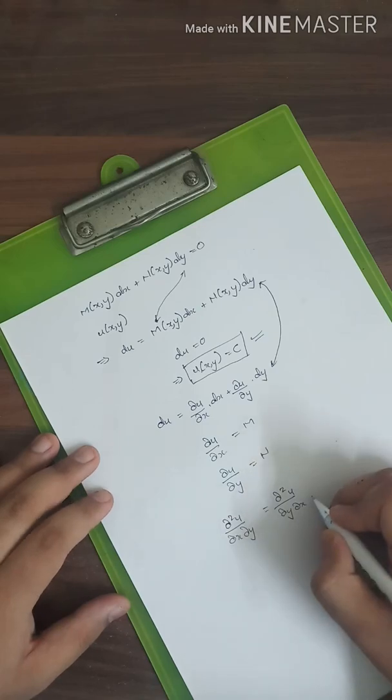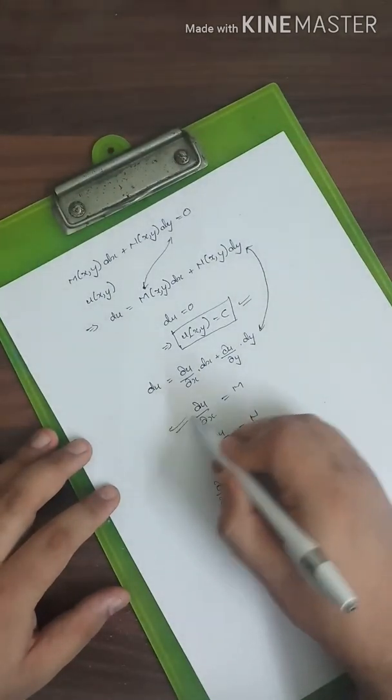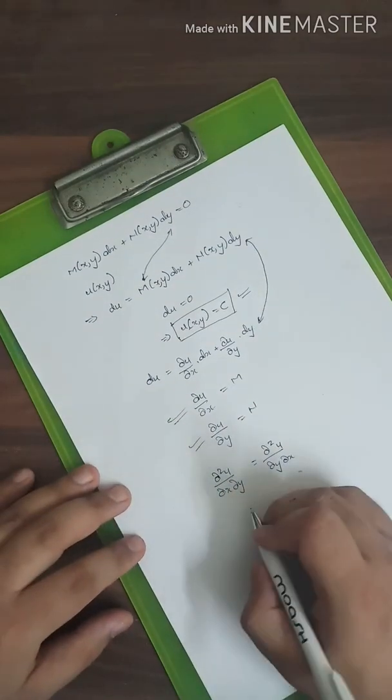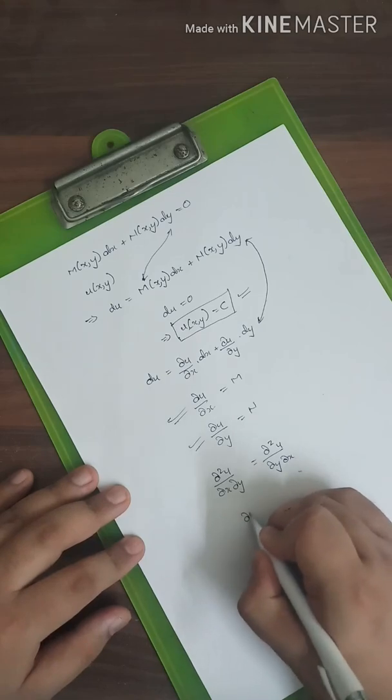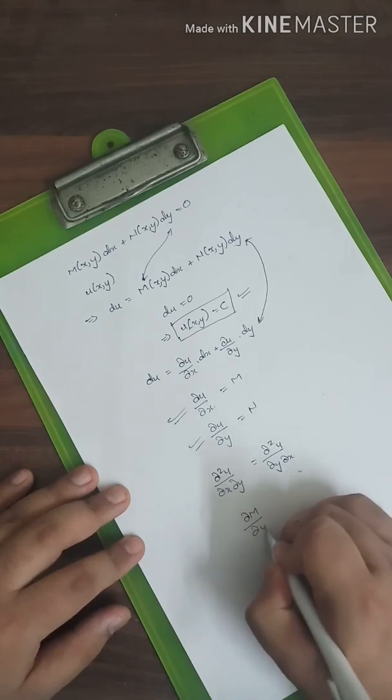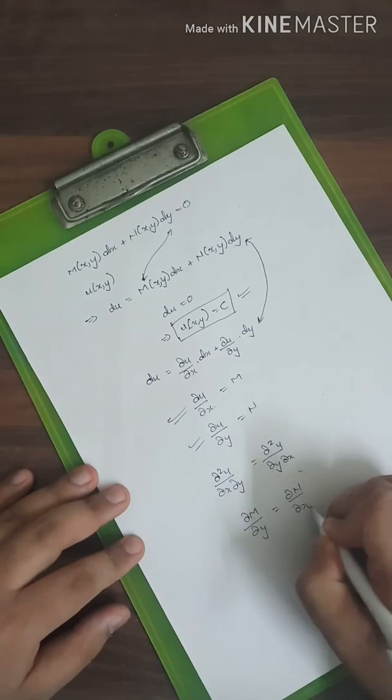There is a symmetry here. So comparing with these, we get that partial M by partial y would be equal to partial N by partial x.